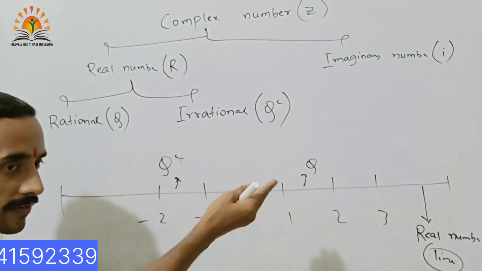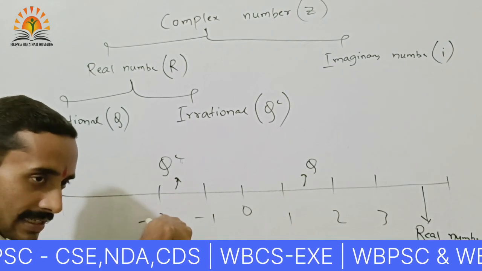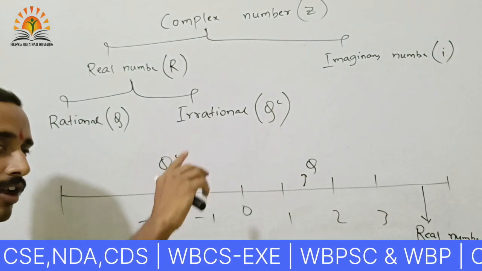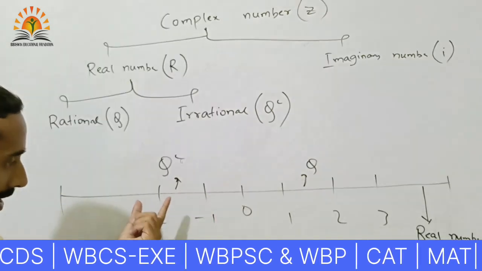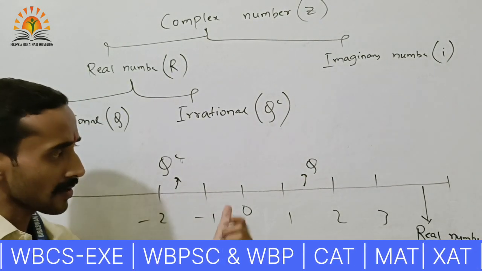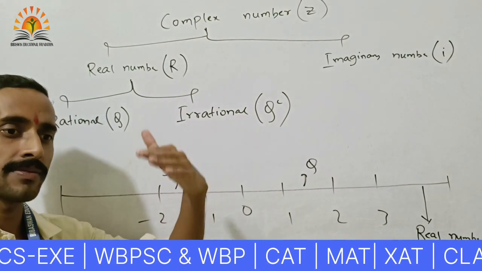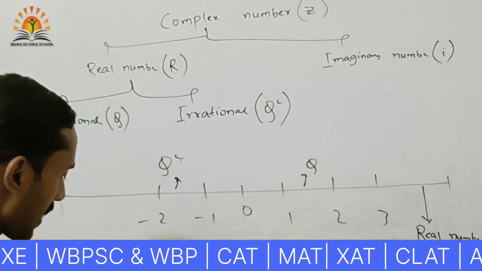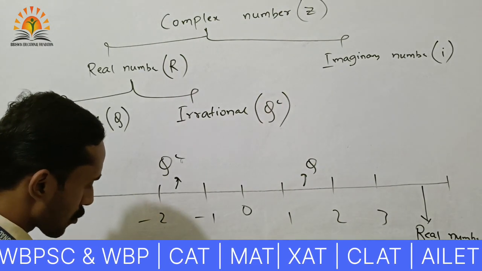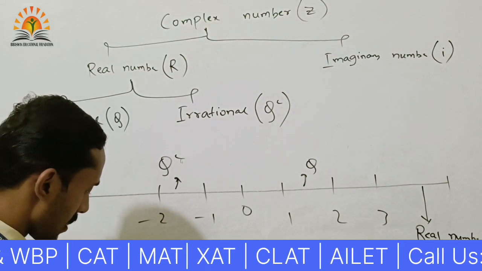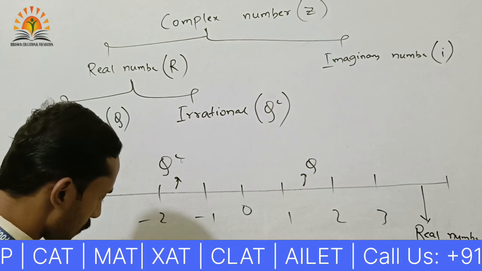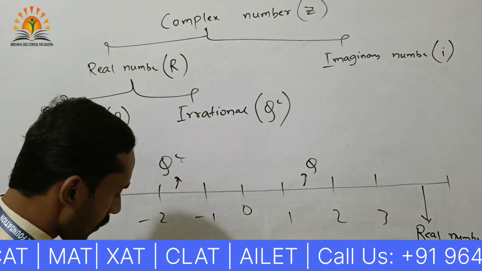If we square any rational number or any irrational number, it always gives a positive value. Like root 2, if we square root 2, it gives the value 2. If we square root 5, it gives the value 5.